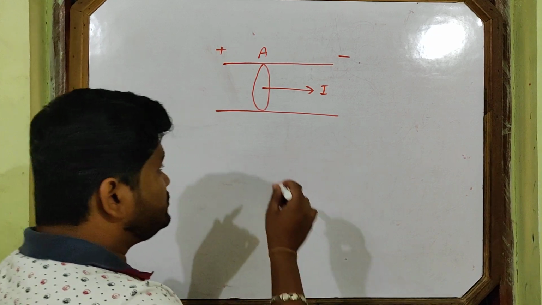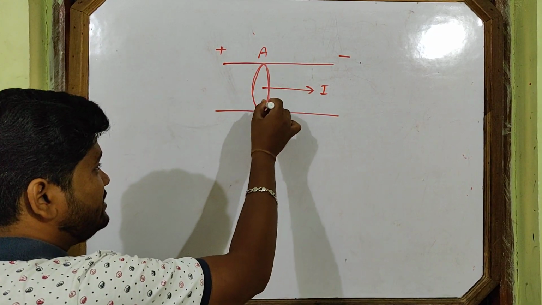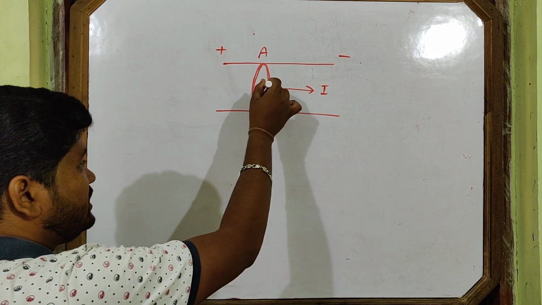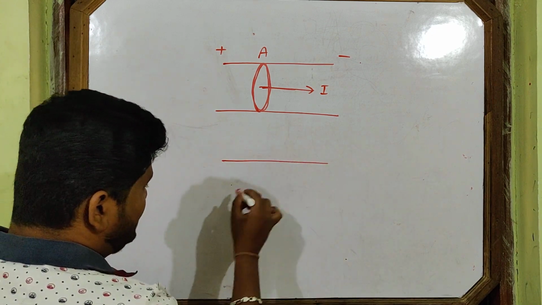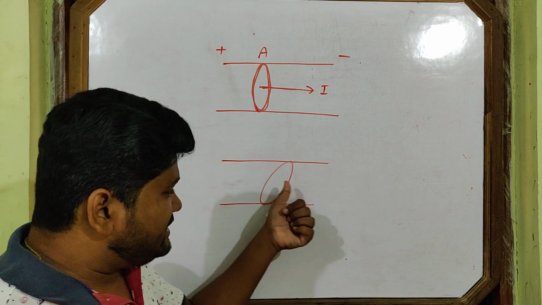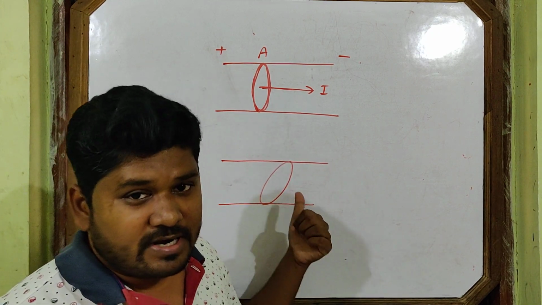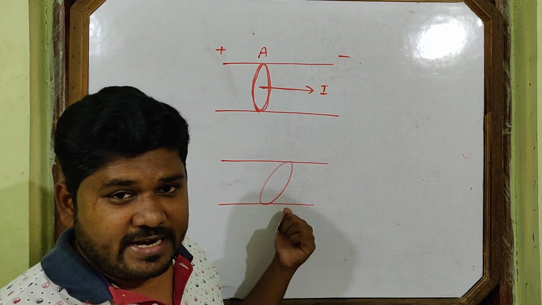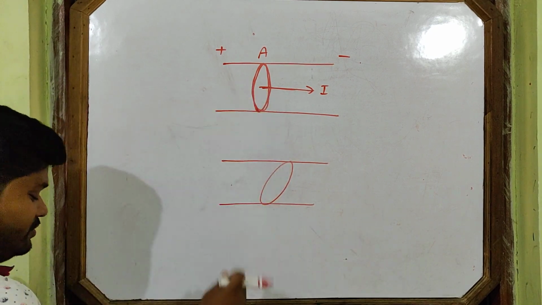You should choose that area perpendicular to the current flow. You cannot choose it like this. If you choose it like this, I'll tell you what the formula will be.